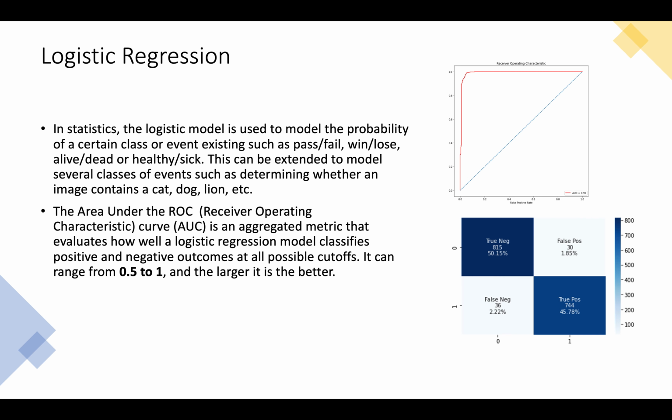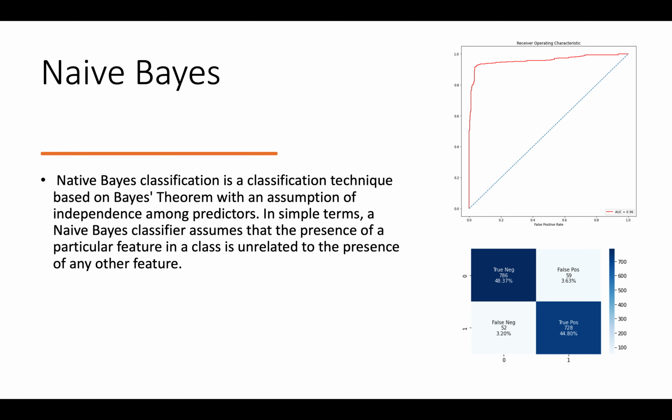We got 815 true negatives and 744 true positives. There are only 30 false positives and 36 false negatives. Then we use naive Bayes to build another model.